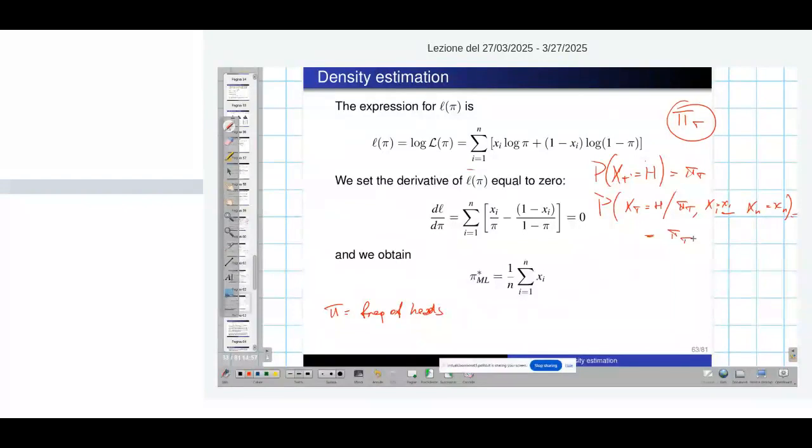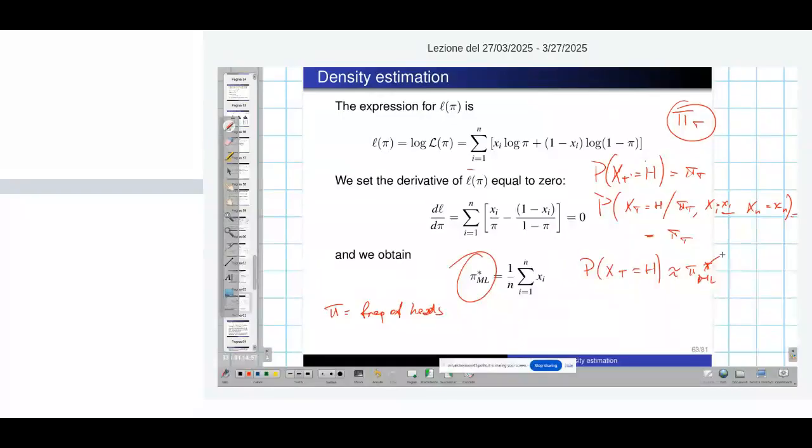We still don't know pi t because we have only this estimate, but the frequentist approximation says, okay, let's approximate this by the pi that we found.